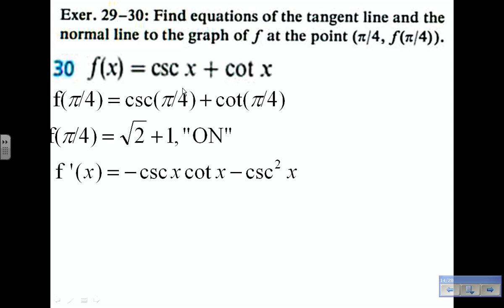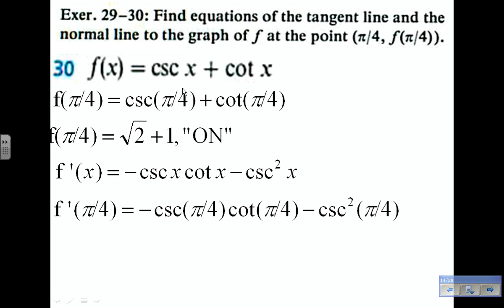So how do you find the slope of the tangent line? You put in pi over 4 for x. Oh, we already know the cosecant of pi over 4, don't we? Root 2. We already know the cotangent of pi over 4 is 1. Do you remember how to deal with cosecant squared of pi over 4?